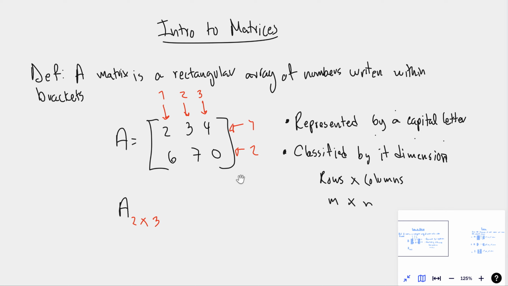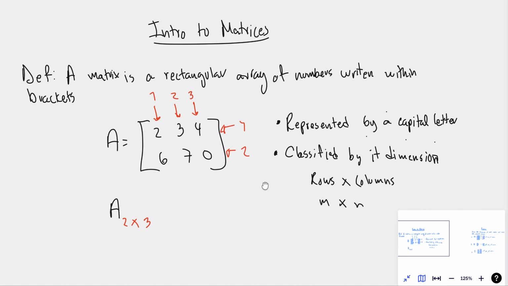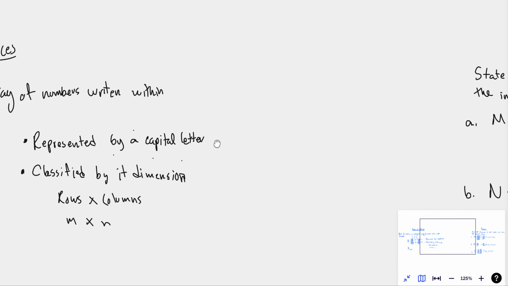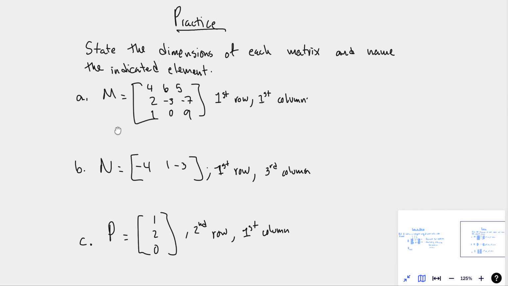Well, now that you know what a matrix is and you know how to classify them, I want you to practice these problems here. You're going to state the dimensions of each matrix, and then you're going to name the indicated element.